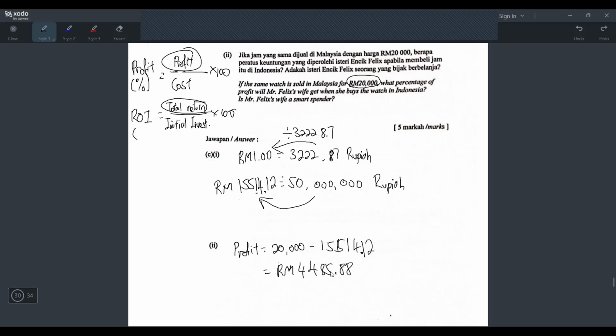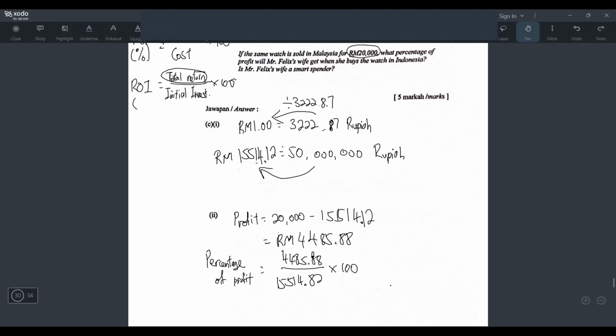And then now you can calculate your profit in percentage, right? So percentage of profit is you take the profit, which is 4485.88, over the original price, which is the price she spent, 15514.82, times 100, and then you will get your percentage of profit.